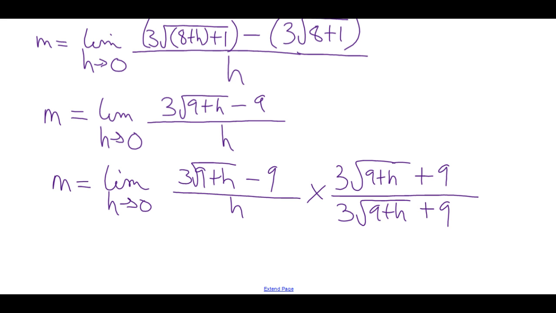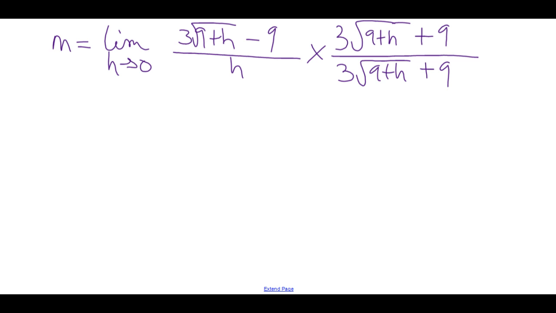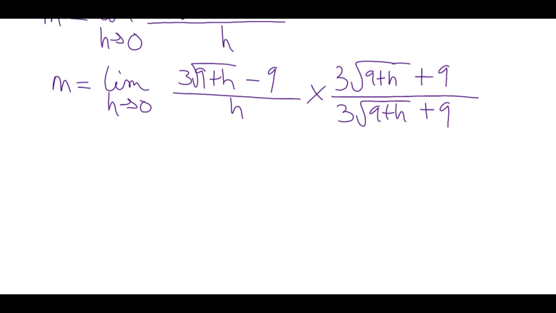So we rationalize the numerator, hoping against hope that we'll just end up with an h up there that'll go away. Then we can do this. Well, it's probably not against hope, it is going to happen. Okay, so let's do that.